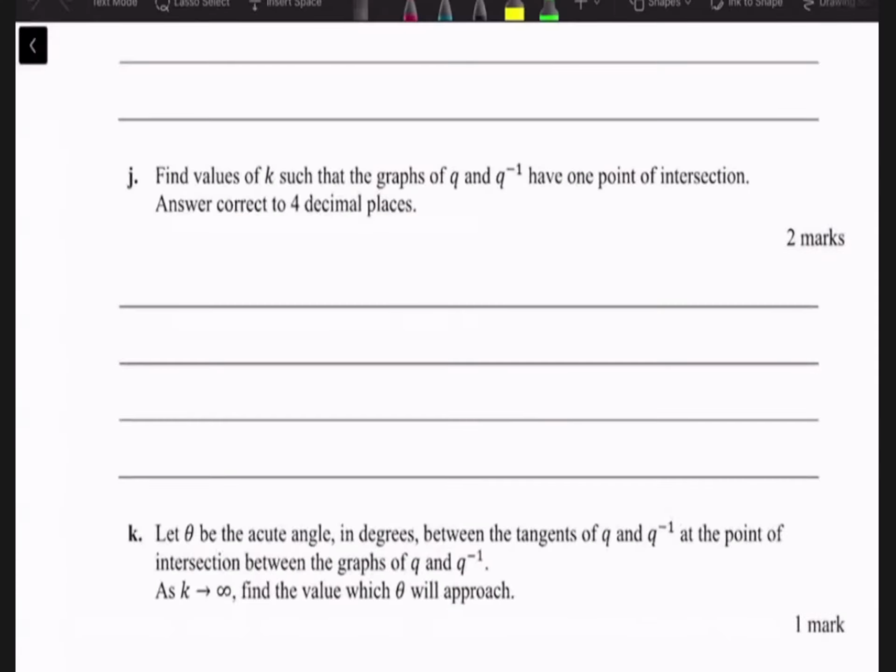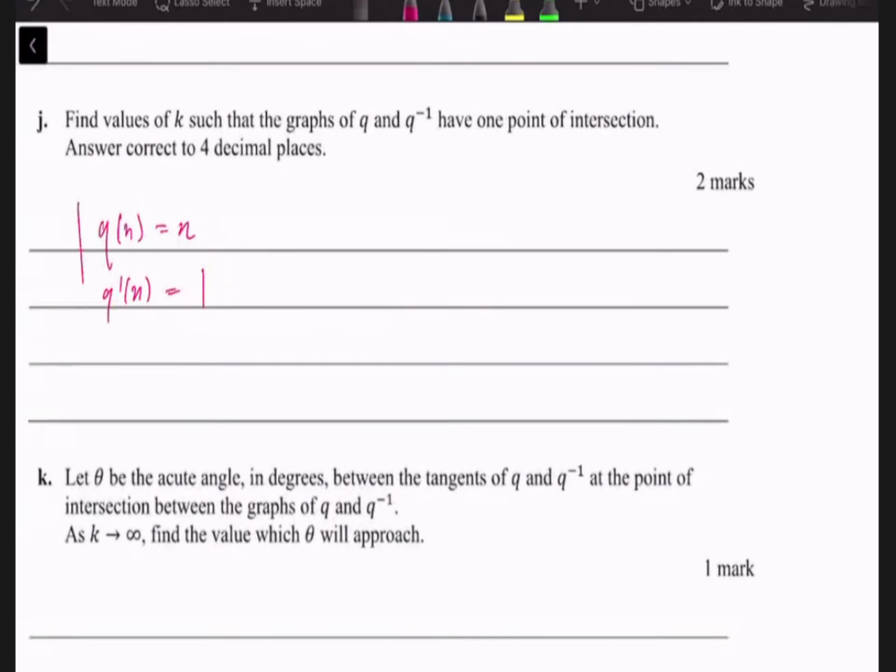This one. So as Amaan said, when you equate the simultaneous equations, Q(x) equals x and Q dash x equals 1. So you have your graph of Q(x) and Q inverse x.